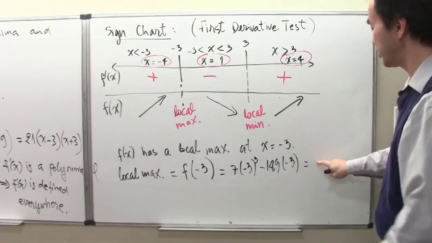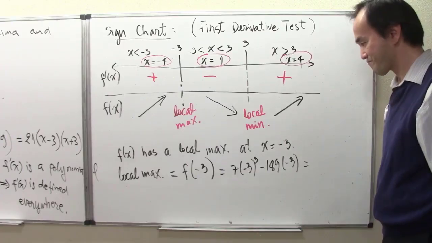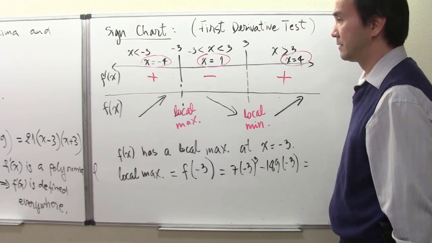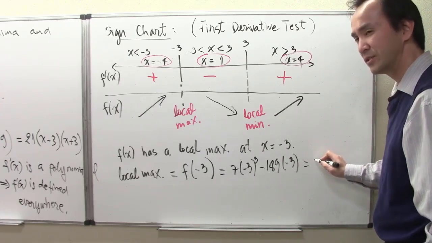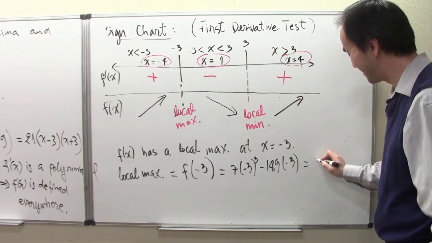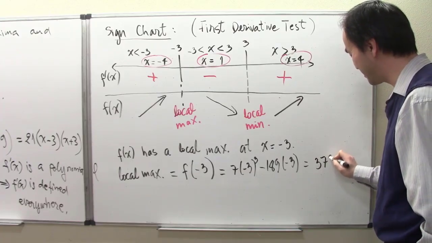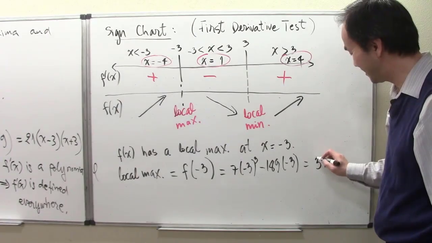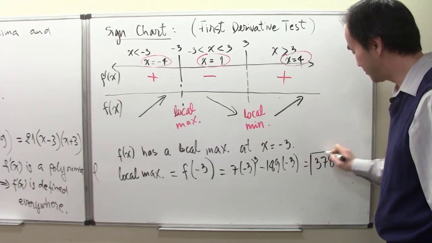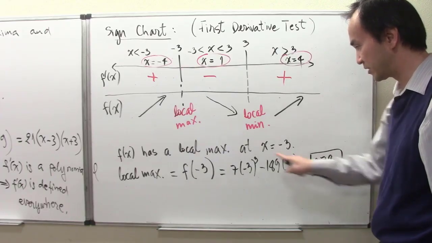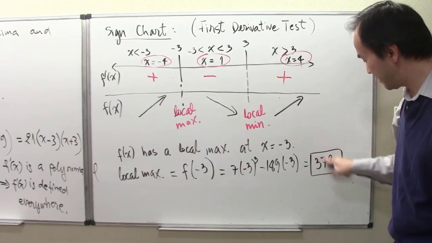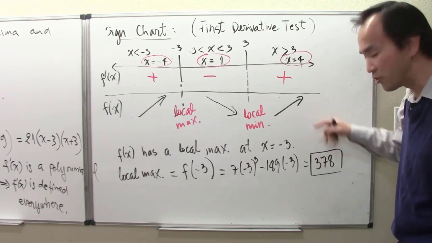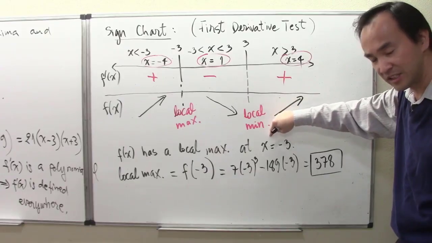So you guys go ahead and complete your calculation for me. I got, okay, 378. Did you say 378? Yeah. 378. All right, thank you. So here is the local maximum. It hits up as high as 378, but we found it hits that value at x equals negative 3.